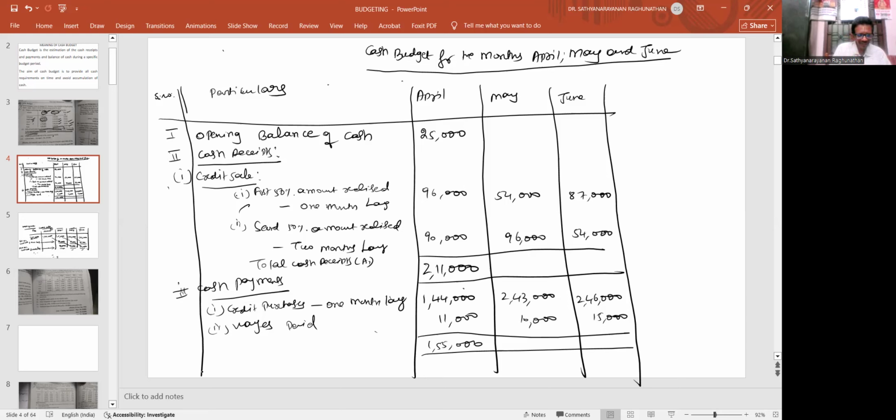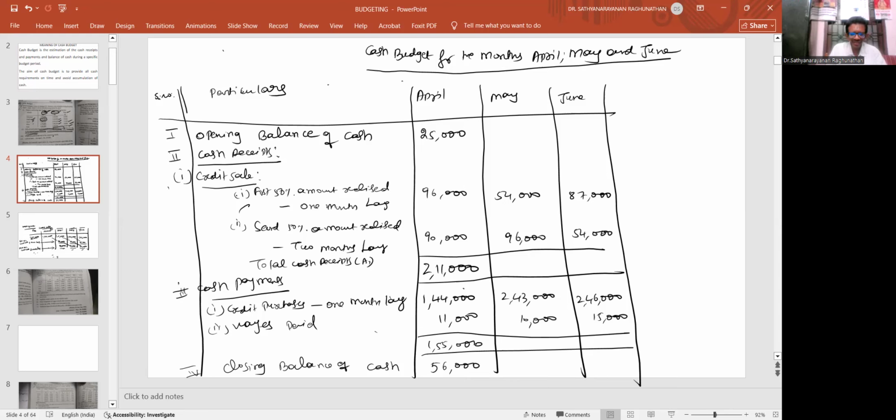Now write it right here as closing balance of cash. 2,11,000 minus 1,55,000, that is 56,000. Okay. Here, as far as April month is concerned, cash receipts is more than the cash payment.